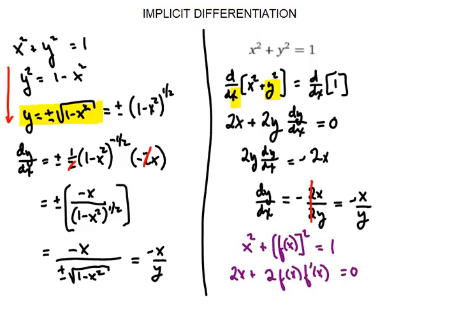So in this particular case, I can rewrite the f of x again as y, and the f prime of x as dy/dx, and then we're right back to where we had gotten above.